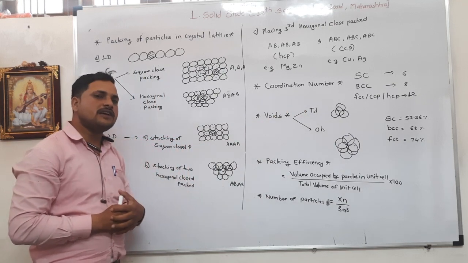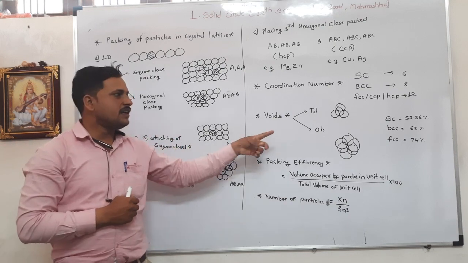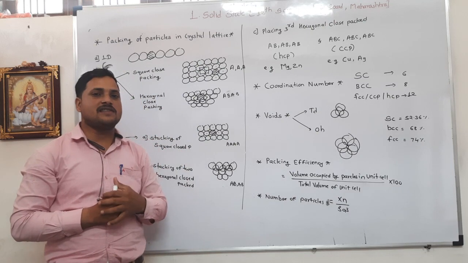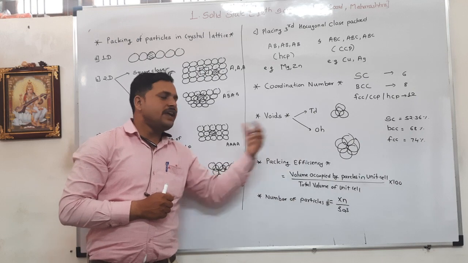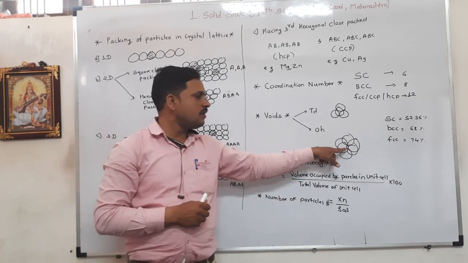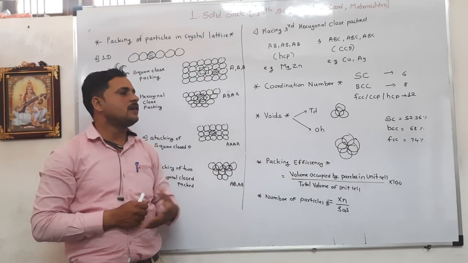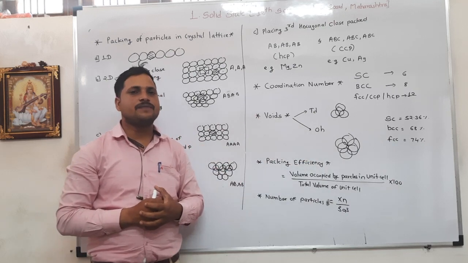The tetrahedral void is formed when 4 spheres come in contact and form a triangular space. It is known as a tetrahedral void. When 6 spheres come in contact and form one void or empty space, it is known as an octahedral void. Octahedral voids are larger than tetrahedral voids.